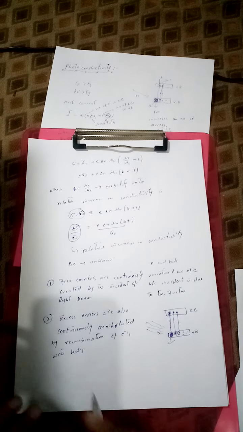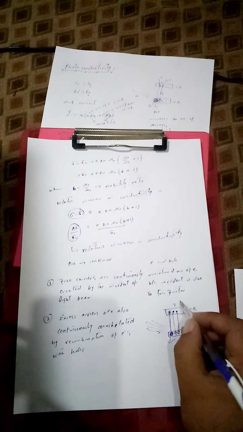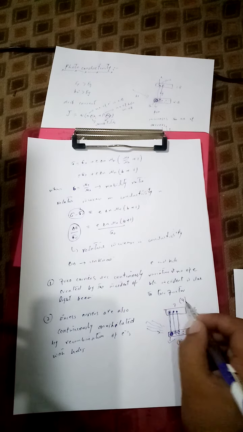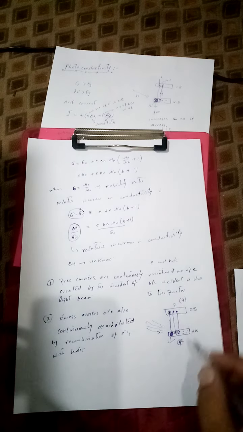Now the recombination of carriers is present whenever the concentration of carriers is different from that of equilibrium. In equilibrium, let's suppose we have four electrons here and four holes there. Now if the number of electrons in the conduction band becomes 7, then the holes also become 7. So these excess charge carriers are 4: four extra electrons and four extra holes.